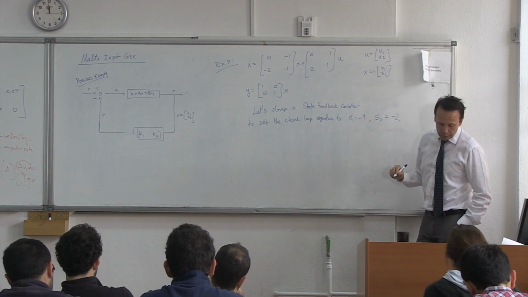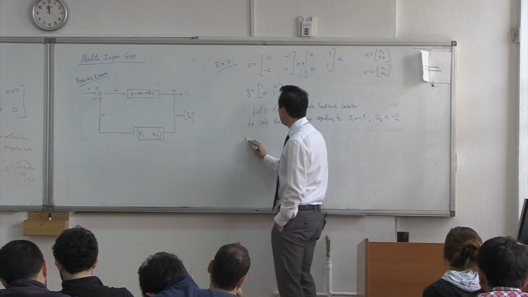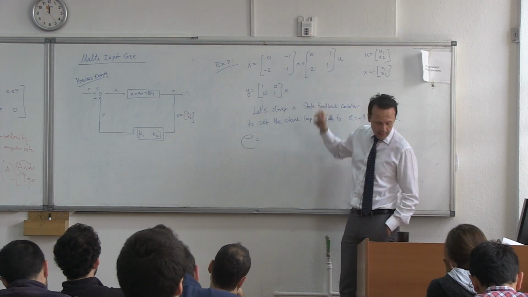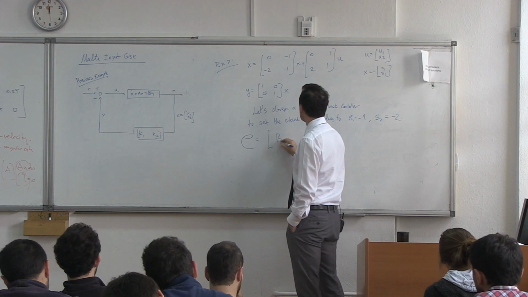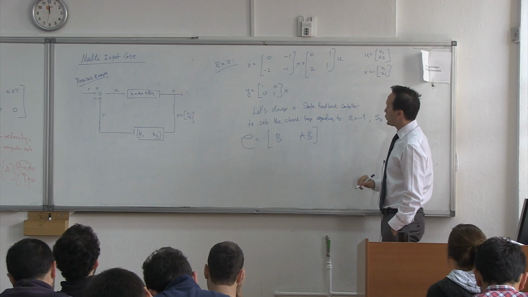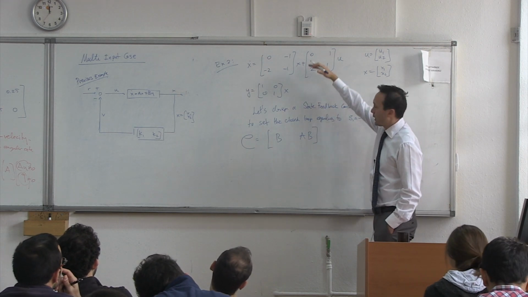So the first thing we ought to look at is the controllability, right? Is the system controllable? So it's a function of the A and B matrices, and it will be B, AB, right? So what should be the rank? It should be at least 2, because we have 2 rows.